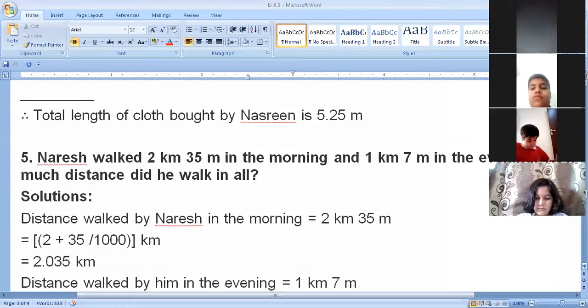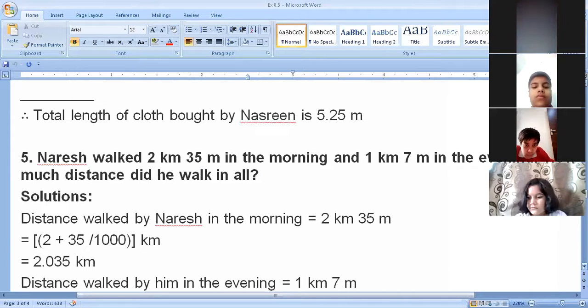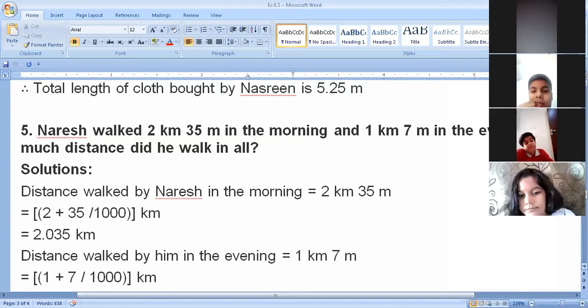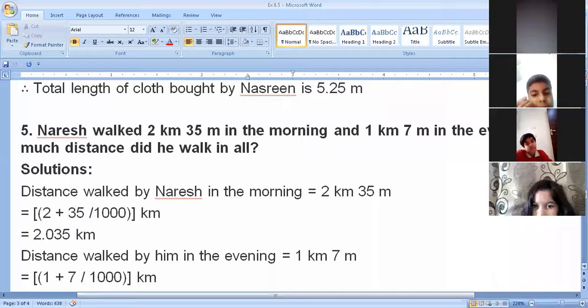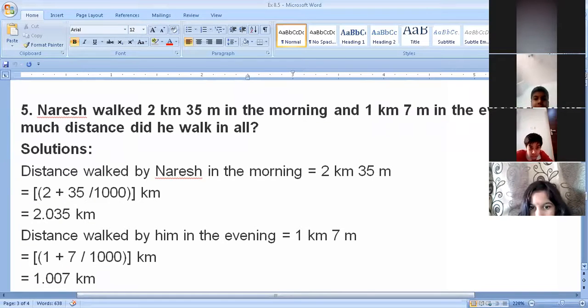Okay. Now distance walked by him in the evening, he has walked 1 kilometer, 7 meters. So when you change 7 meter into kilometers, it will become 7 upon 1000. And when you change into decimal form, it will become 1.007.